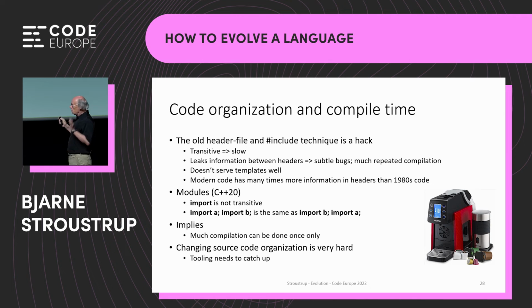Code organization and compile time are important things. We have moved more and more things from runtime to compile time, meaning that compile times have grown a lot when runtimes have gotten shorter. And so the old header file and include technique is a hack. It always was a hack, but it seemed a very reasonable hack back in 1972 or thereabouts, when it was invented.